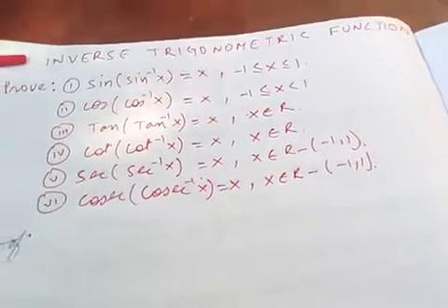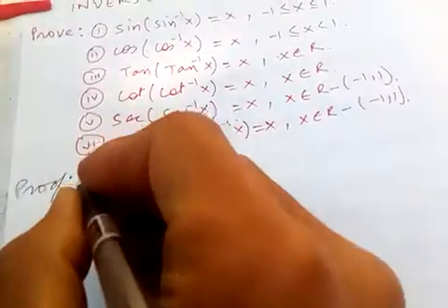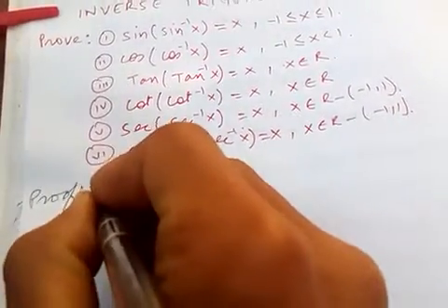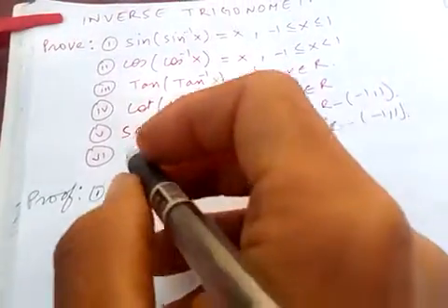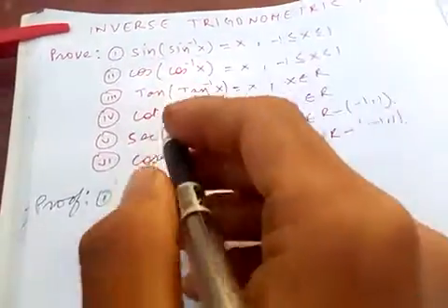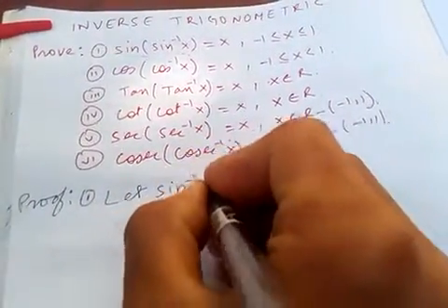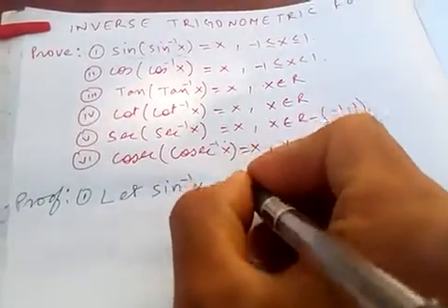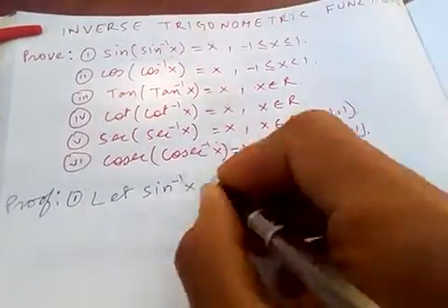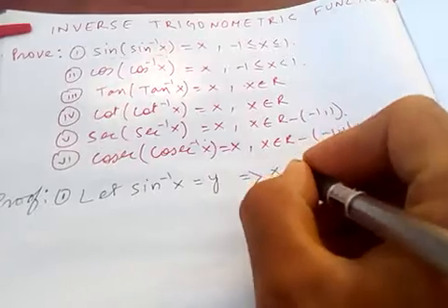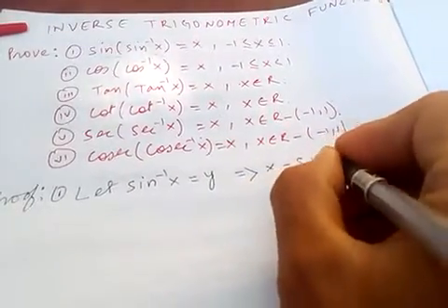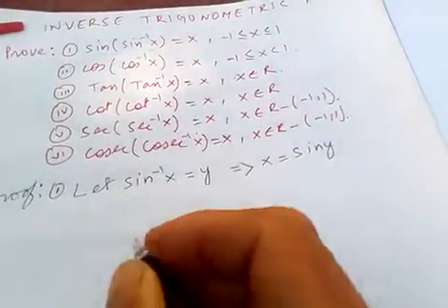So let's prove this one. For number 1, let sine inverse of x is equal to y, let's say. So from this, x is sine of y.